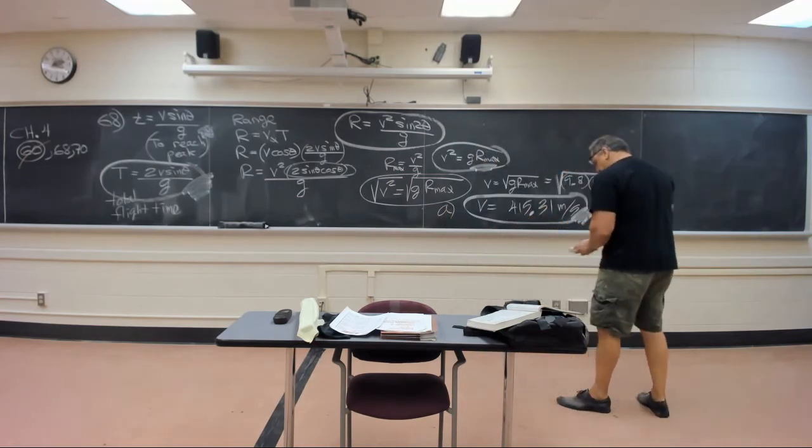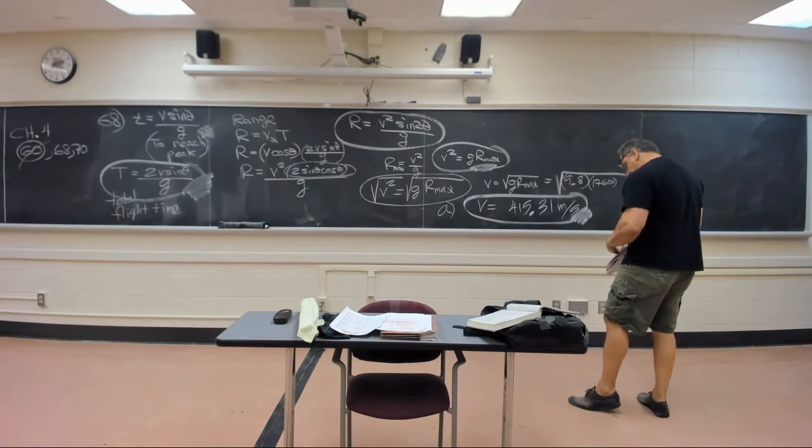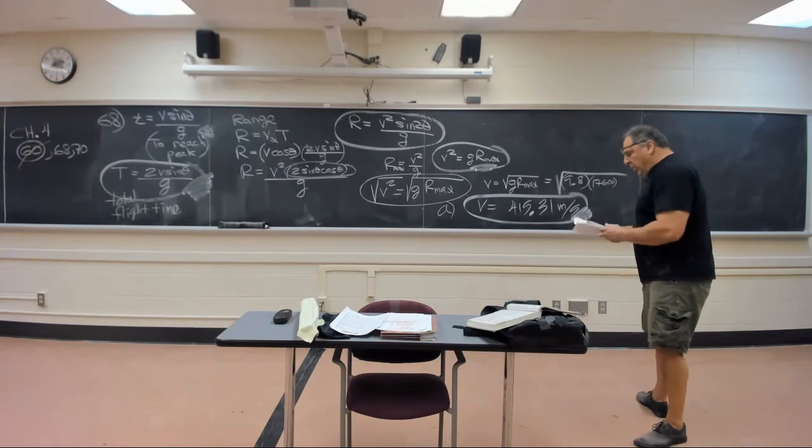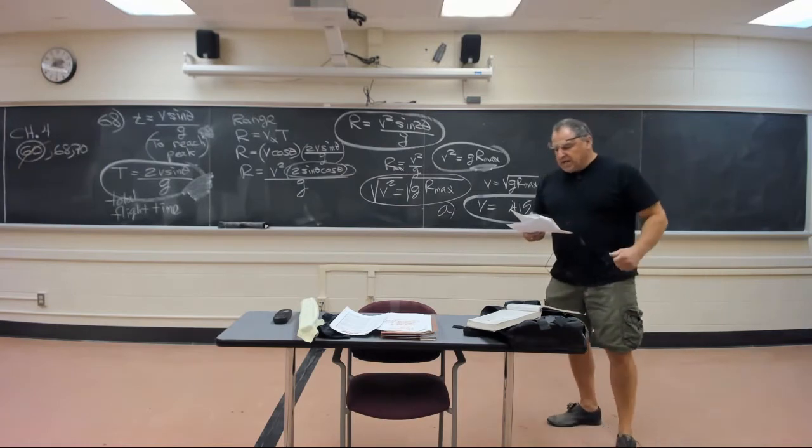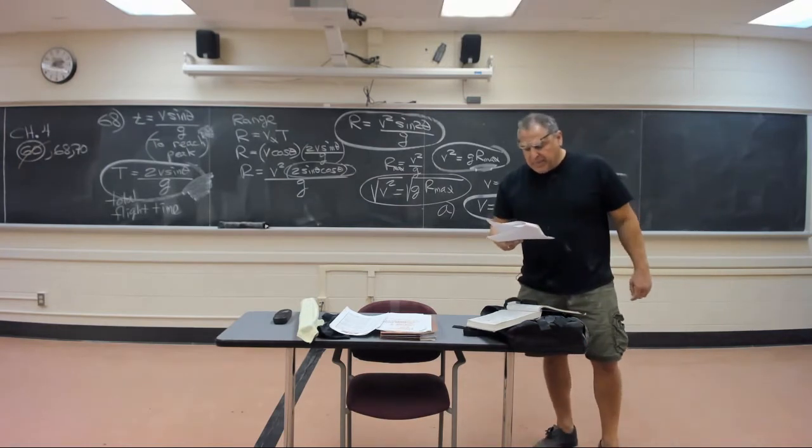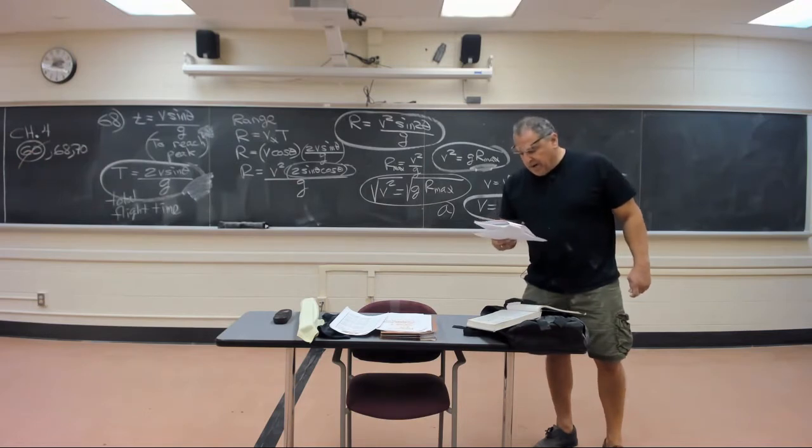Now what they're saying, we will find two angles between 0 and 90 degrees, theta sub L and theta sub H, that satisfy the particular conditions for a given scenario for R equals V squared over G times the sine of 2 theta. 550 meters is R in this case.